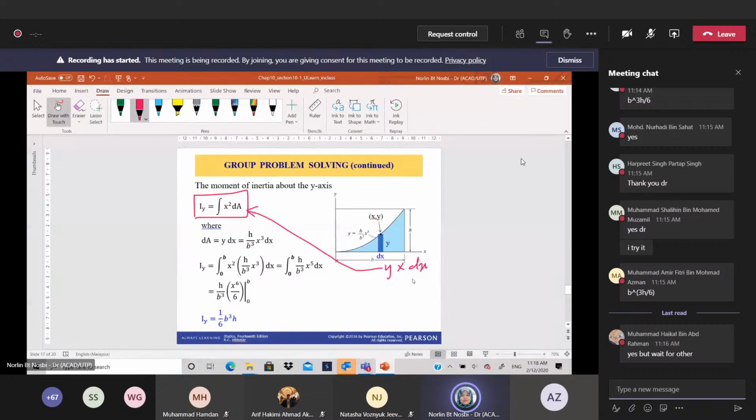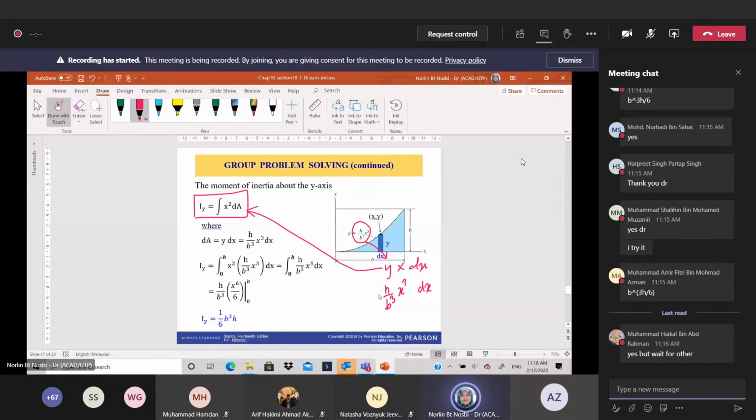And because it is based on the element for x, you need to change y with x. So you put back y equals h over b to the power 3 times x to the power 3. So it will be h over b to the power 3, x to the power 3 dx, right?